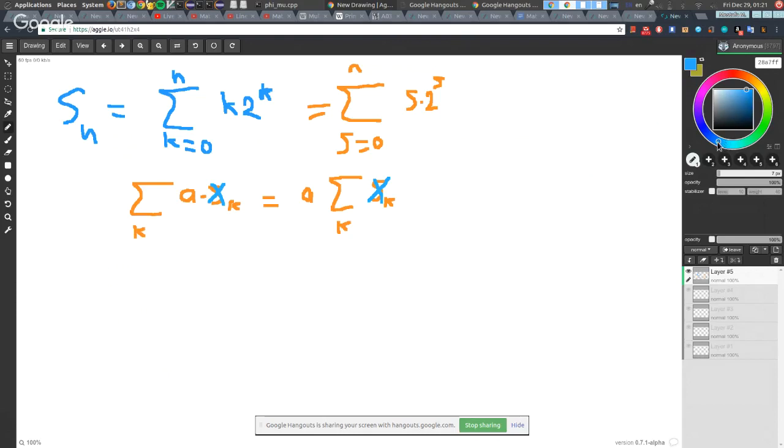Then we can also have other things, where we have an expression like this. We have some summation over k, and another summation over, say, s.